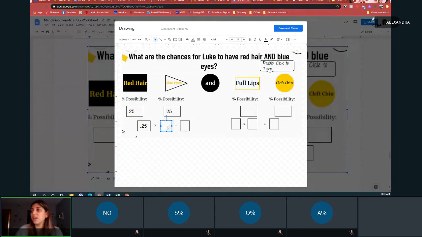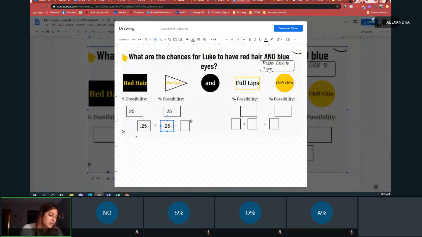And when you put it into your calculator, it's really important that you also put in the decimal. So now we're going to find out what the possibility was for him to have red hair and blue eyes. Go ahead and put that in your calculator, whether you do it on your phone, in Google, or ask Siri, whatever method, go ahead and find out.